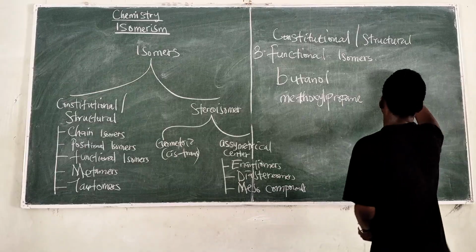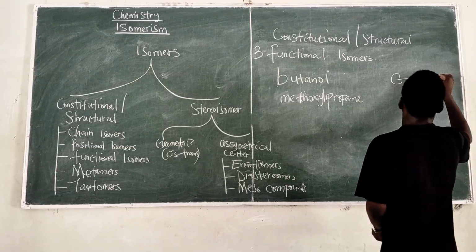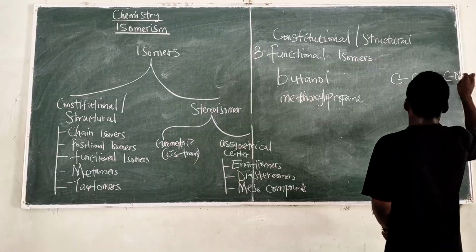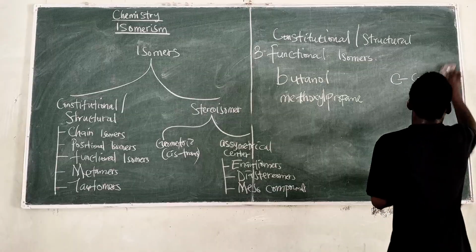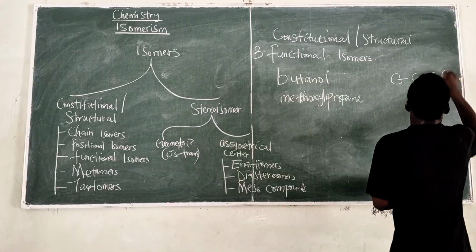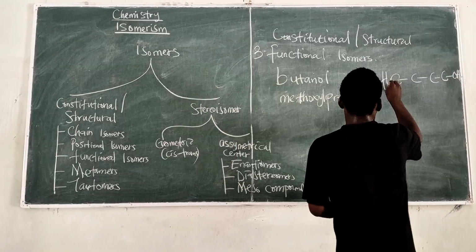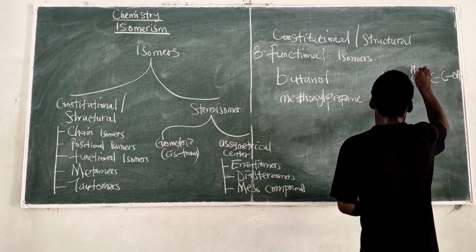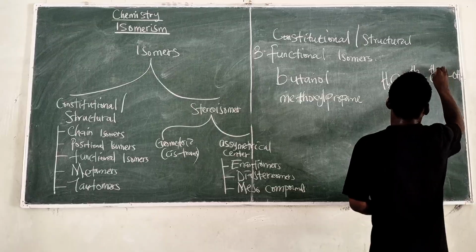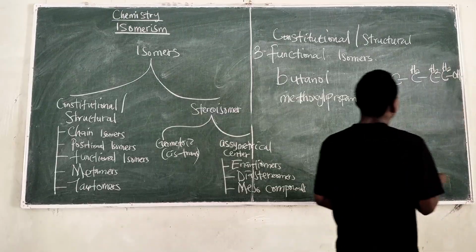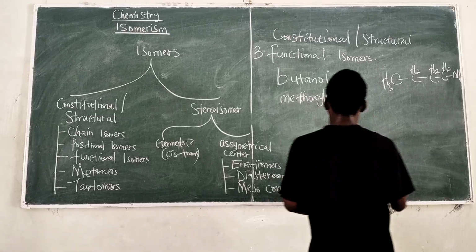For butanol, we have 4 carbon atoms and the last carbon bonded to OH. So this carbon is bonded to 3 hydrogens, this is bonded to 2, this is bonded to 2, and this is bonded to 2.